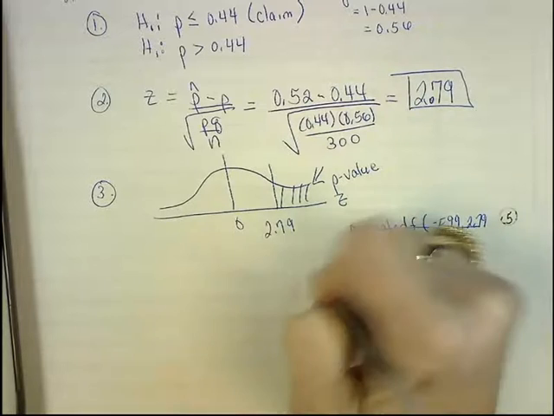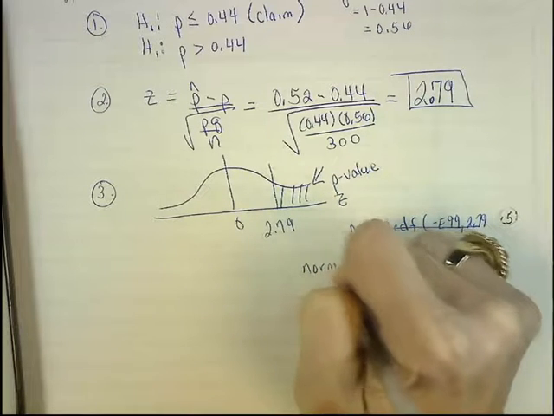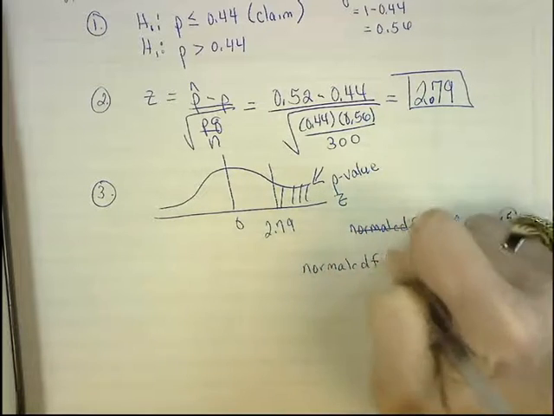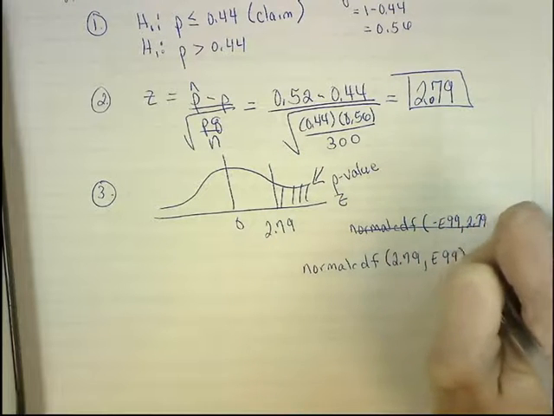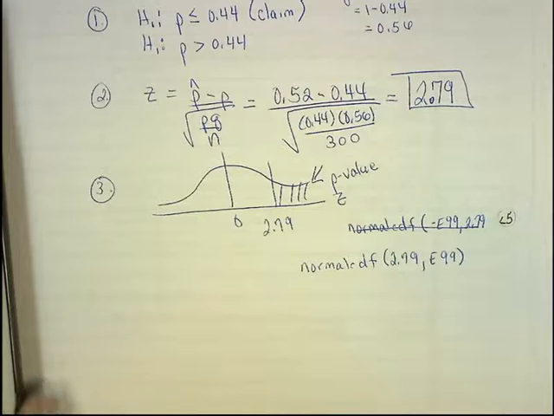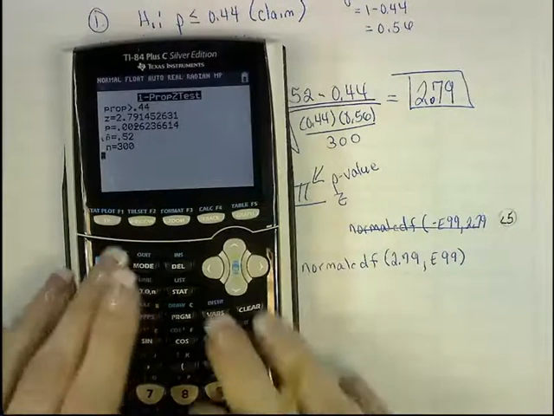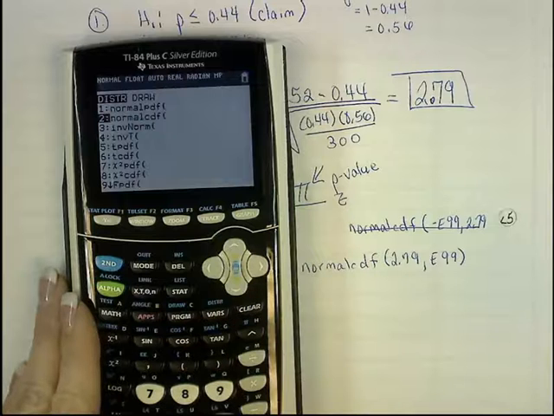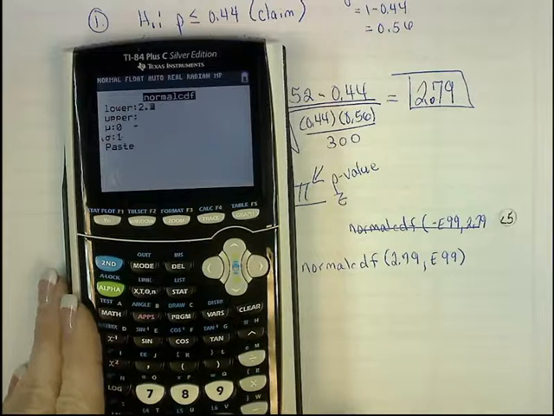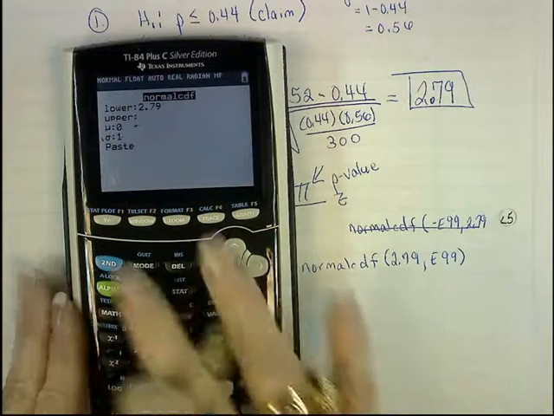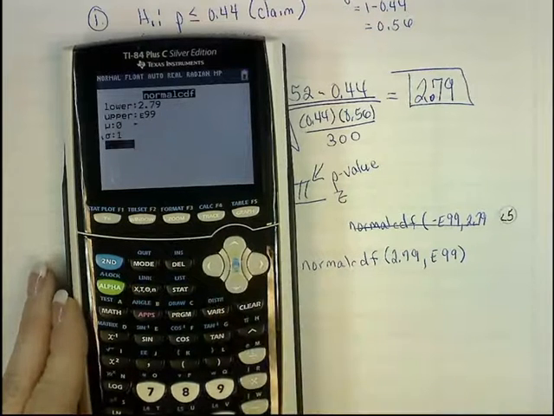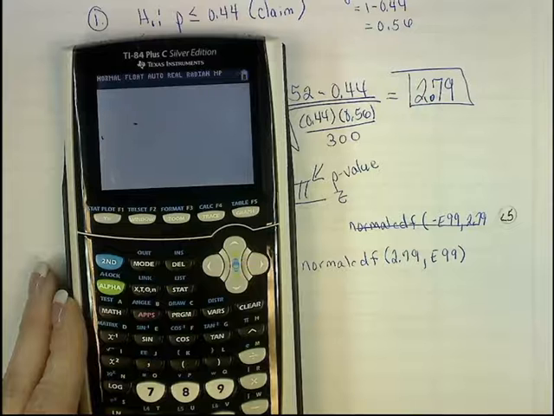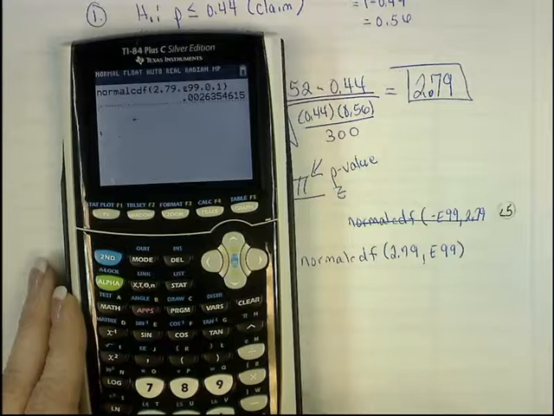You want the area in the right tail, so it's normal CDF, 2.79, comma, positive E99 to positive infinity. And that'll give you the area in the right tail. So second variables, number 2, 2.79 is the lower, E99 is the upper, and it's the Z distribution, so you paste again or enter, 0.0026.